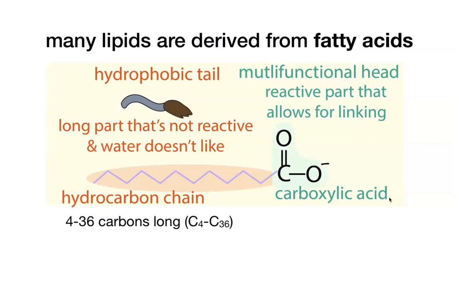Then we have a carboxylic acid head. This head allows for linking. Hopefully you covered in OChem how you can join a carboxylic acid and an alcohol group to form an ester linkage. This head can be attached to different things.